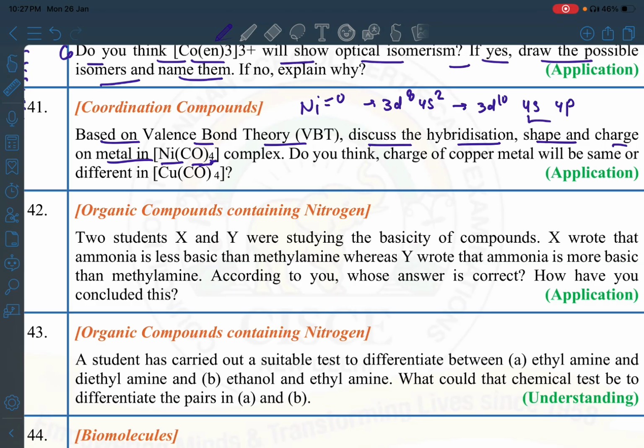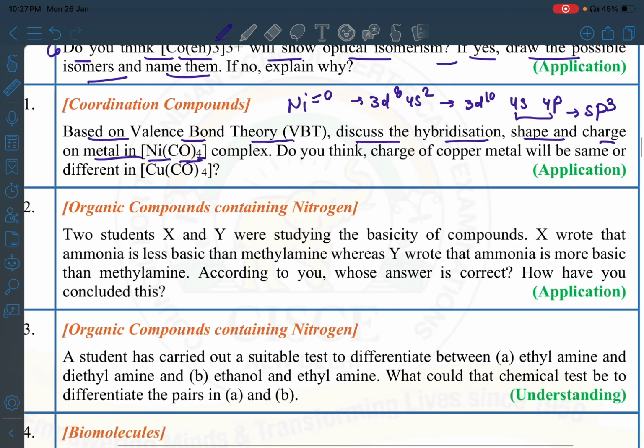We want one s orbital and three p orbitals, so the hybridization will be sp3. sp3 hybridization with four bonds is tetrahedral, and because there is no charge, the charge will be 0.